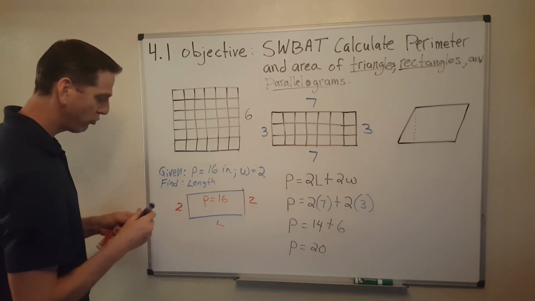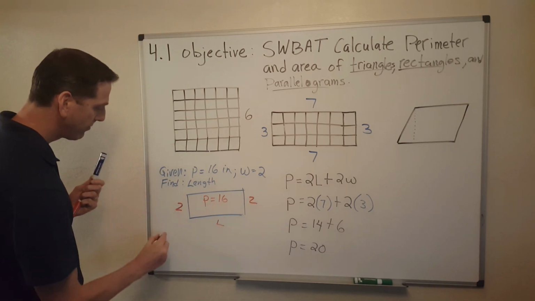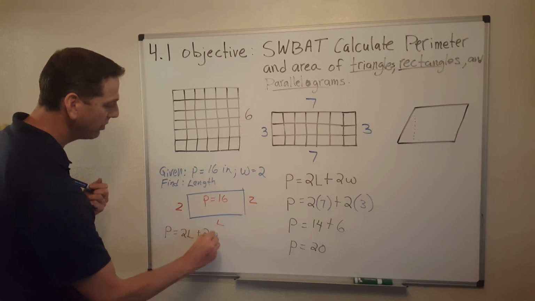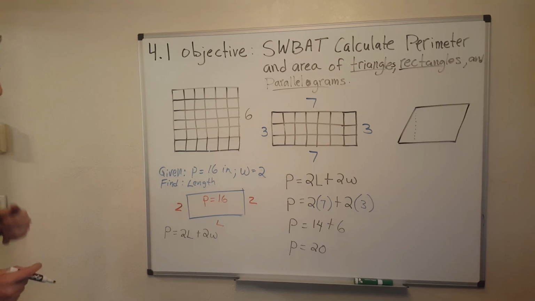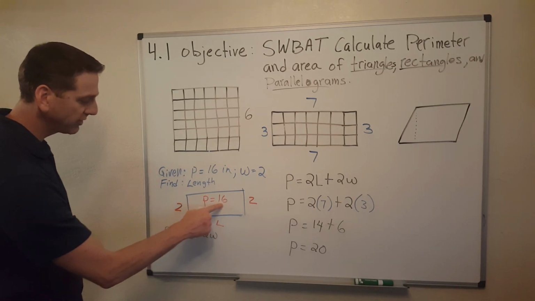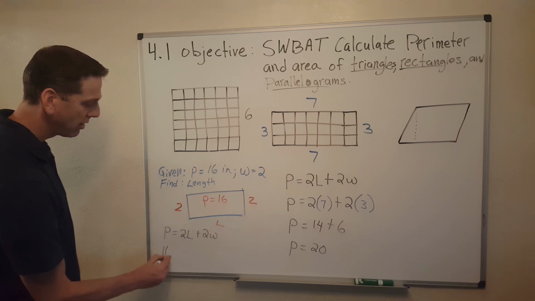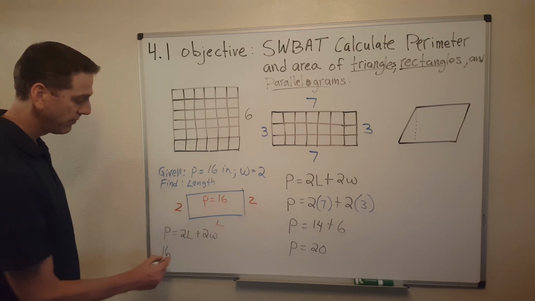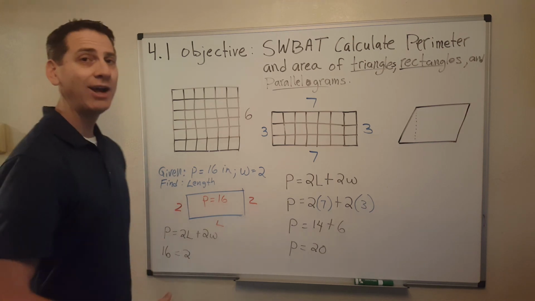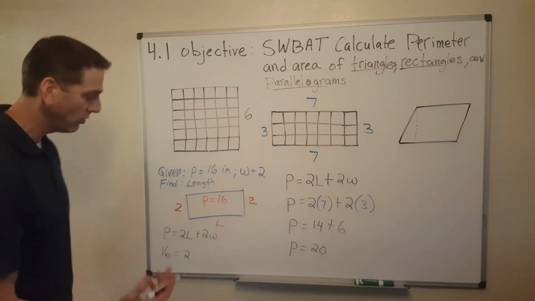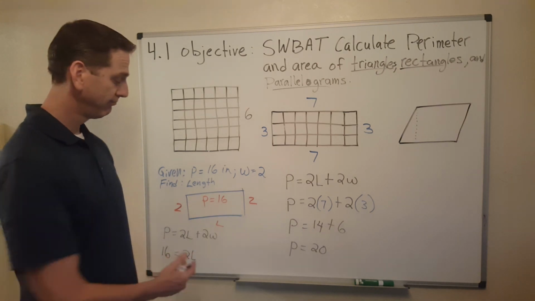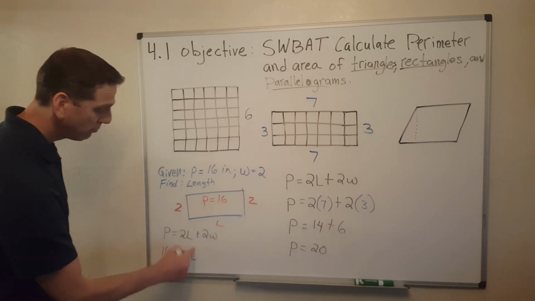So I know that the perimeter is 2L plus 2W, right? Now, they gave me the perimeter is 16, so I can just simply insert that. Equals 2L. Now, I don't know what L is, so when I don't know what something is, I just simply leave it as a variable.